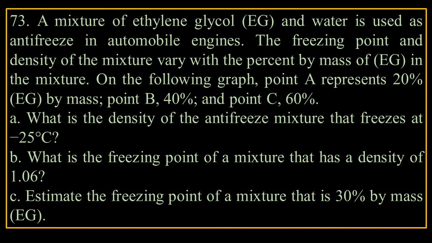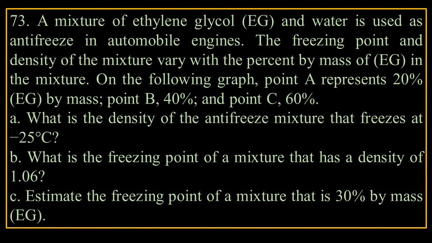A mixture of ethylene glycol and water is used as antifreeze in automobile engines. The freezing point and density of the mixture vary with the percent by mass of ethylene glycol in the mixture. On the following graph, point A represents 20% ethylene glycol by mass, point B represents 40%, and point C 60%.